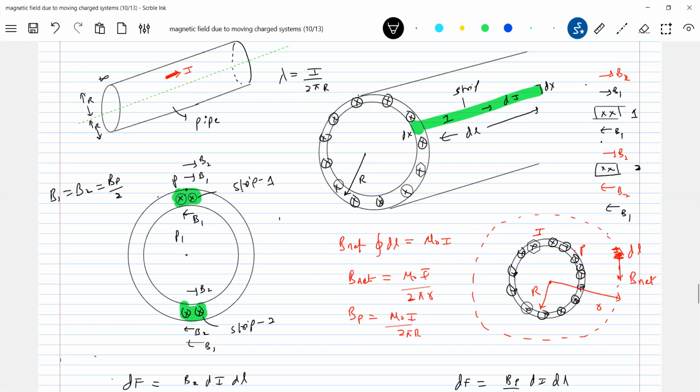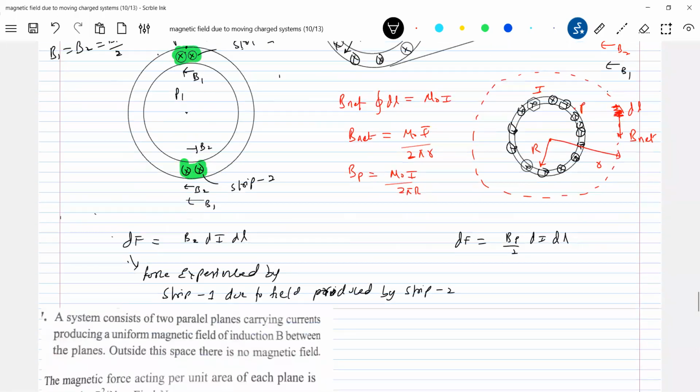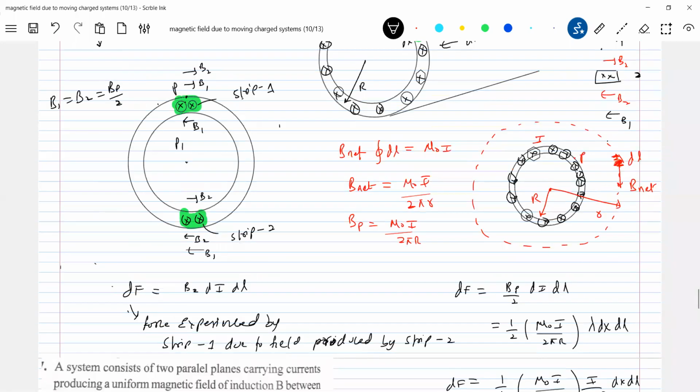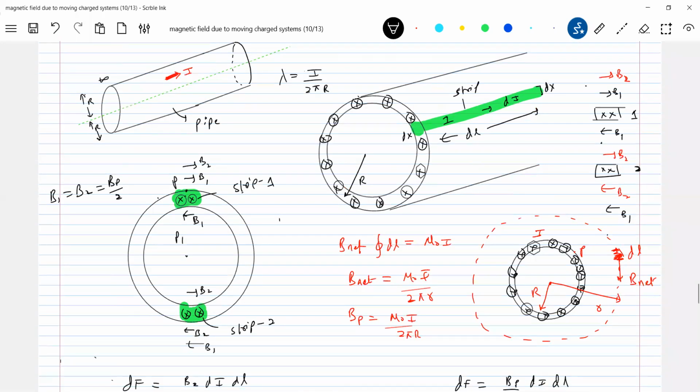Now dI I can write: 1 by 2 BP, where BP is mu naught I by 2 pi r. dI is lambda into dx, and this is dL. So further, 1 by 2 mu naught I by 2 pi r, lambda is I by 2 pi r, dx dL. dx into dL is the area of the strip.